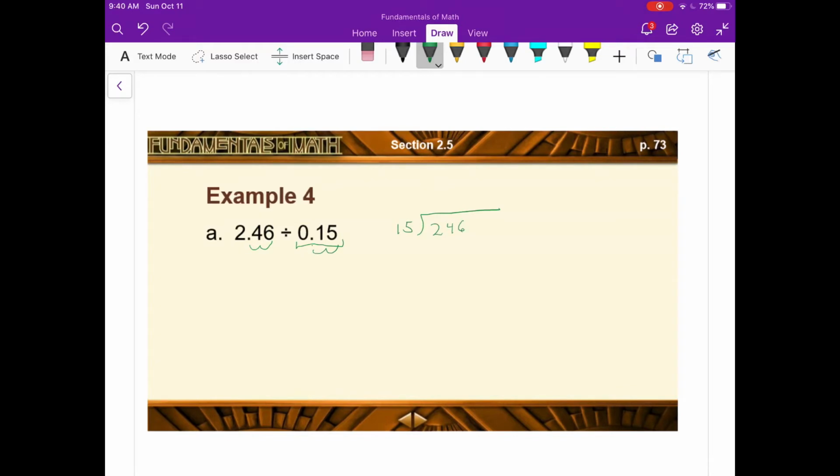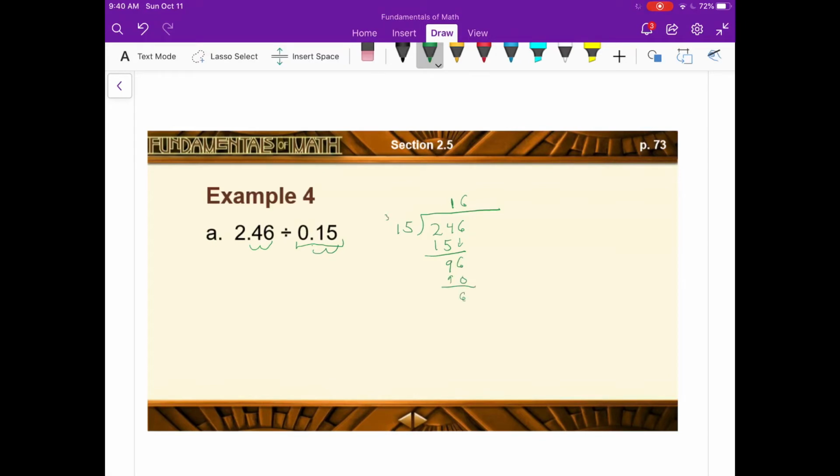246. And we would divide 15 into 24 as once. Now we multiply. 1 times 15 is 15. Subtract, we get 9. Bring down the 6. 15 into 96 is 6. 6 times 15 is 90, add the 0.